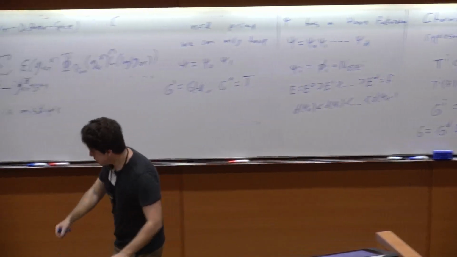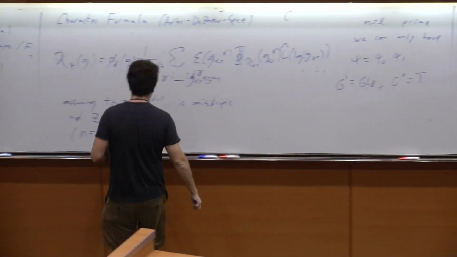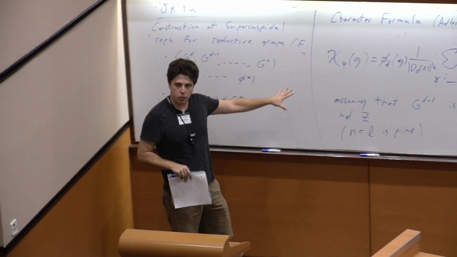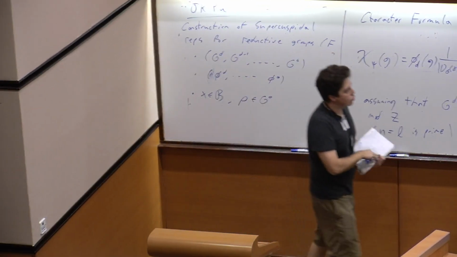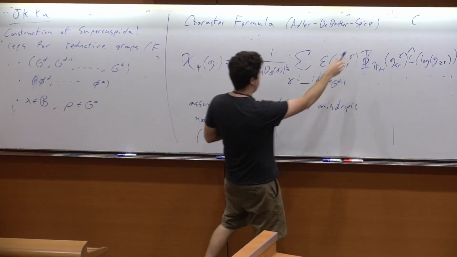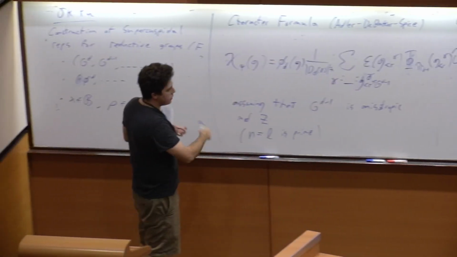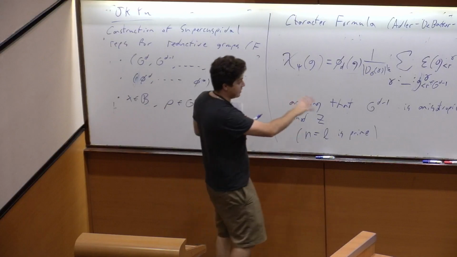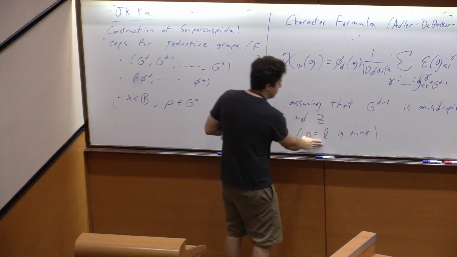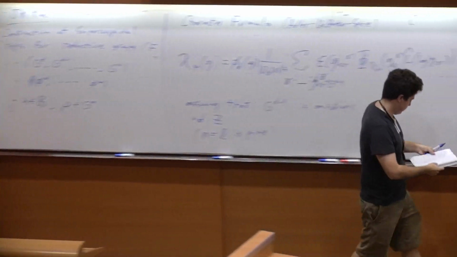So this is where that strange assertion that l must be prime comes in. It comes into this character formula case. More recently, Spice has written a recent work which removes this condition, but as of yet, in my thesis, I just considered the n equal to l case.